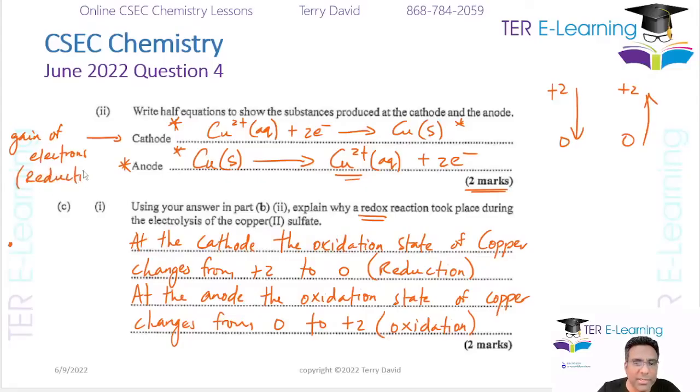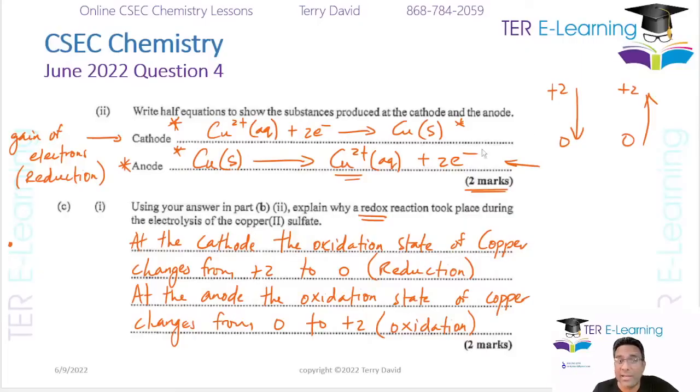So I'm sure you all learned an acronym called OIL RIG, right? So in the first reaction, if you said it's a gain of electrons and it's reduction, that's a possible answer. So that's the thing, sometimes they may have a mark scheme and they have to cater for all different ways that students can answer, right? So in this case here, somebody's saying, why not answer in terms of electrons?